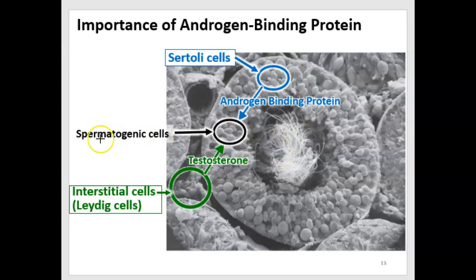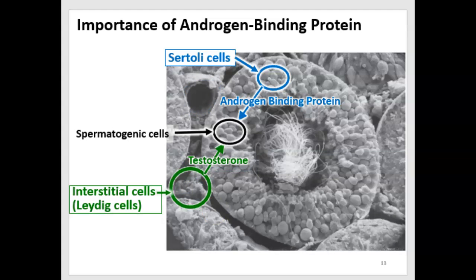In order to do so, these spermatogenic cells have to have testosterone around. This testosterone, though, is not made within the seminiferous tubules. It's made out here by the interstitial cells, which diffuses away and might even get into the bloodstream here, because I see a blood vessel.